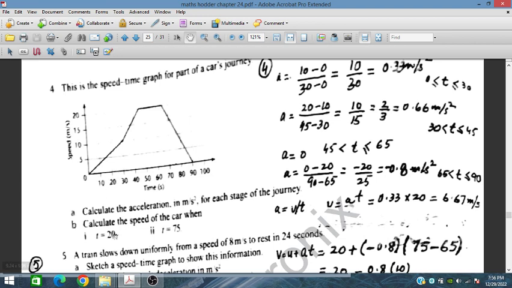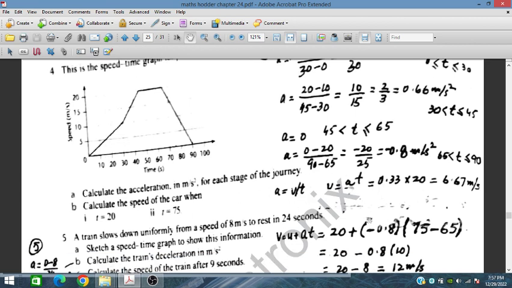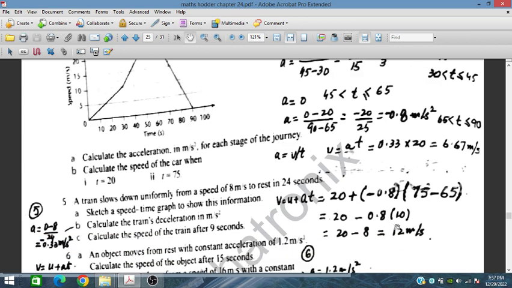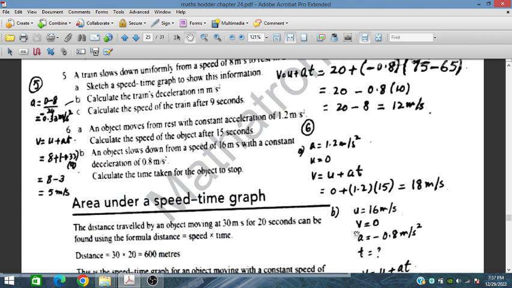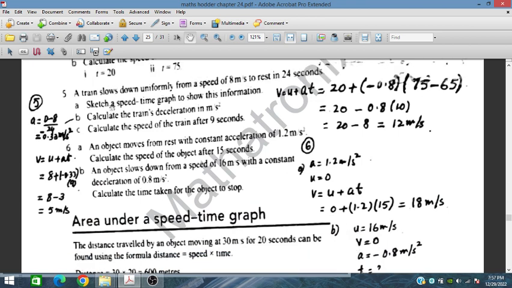At this 20, acceleration is multiplied by time to give the speed. At this time the speed was this. Similarly at t is equal to 75, the speed was this. In the next section we will discuss question number 5 and 6.